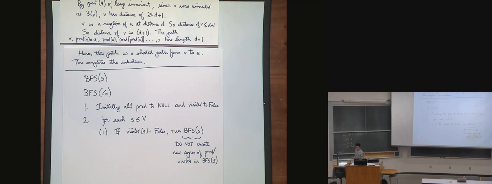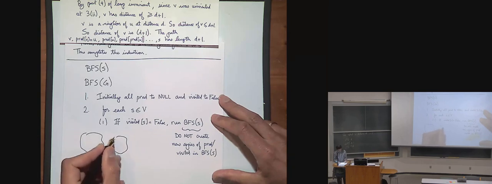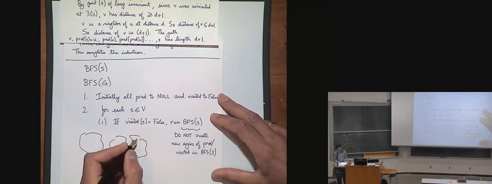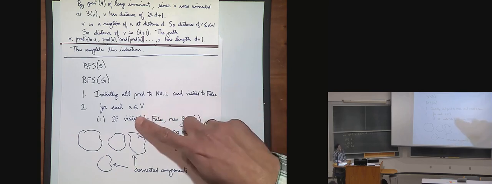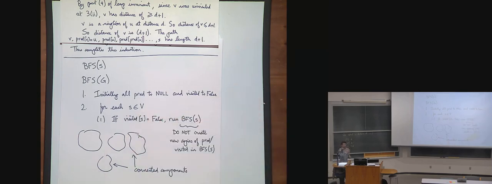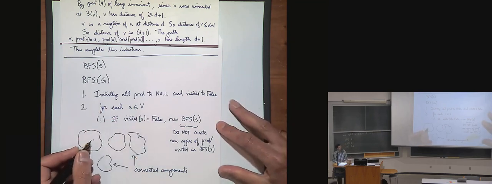So I'm just going to draw a picture over here. Let's say your graph looks something like this, where these are what are called the connected components. Now, you don't know how S is ordered or anything about it, but eventually you're going to pick some S in here, and that's just going to visit everything.